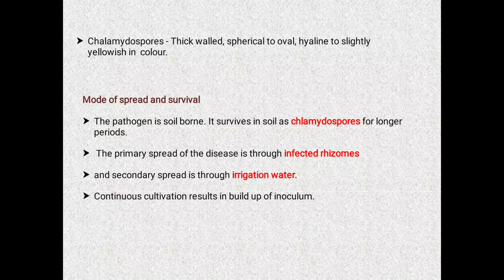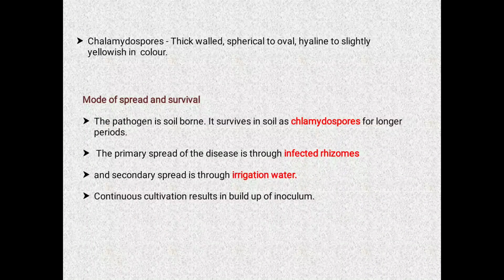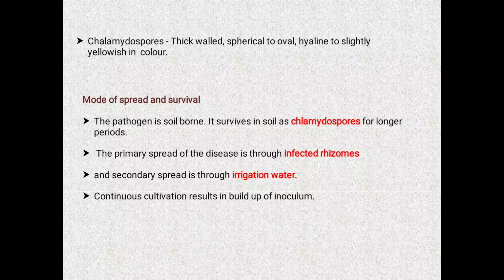All these survival methods we study under the title of perpetuation. Here we can see the pathogen is soil borne. It survives in soil as chlamydospores for longer periods. The primary spread of the disease is through infected rhizomes and secondary spread is through irrigation water.